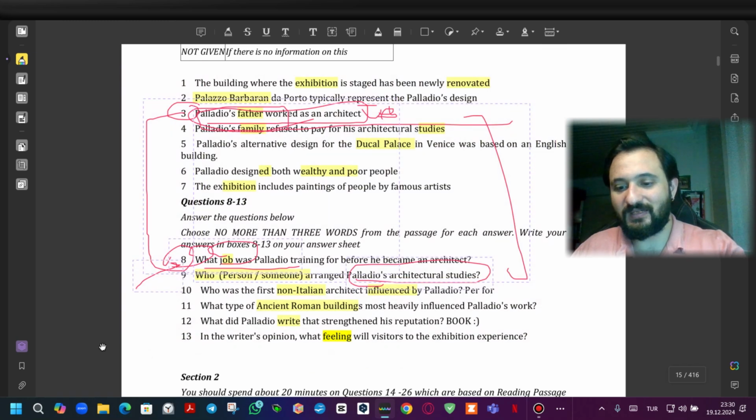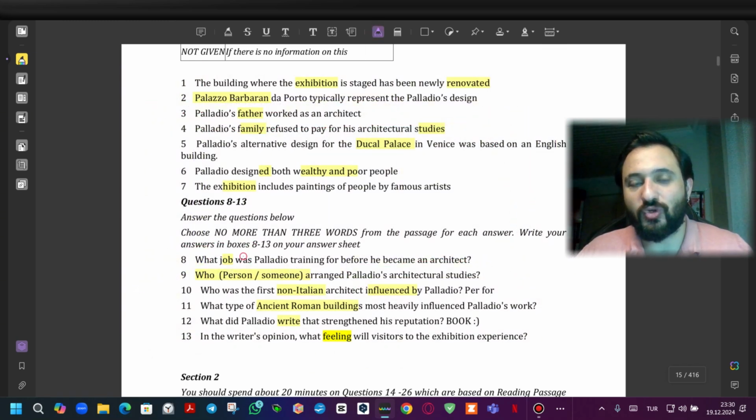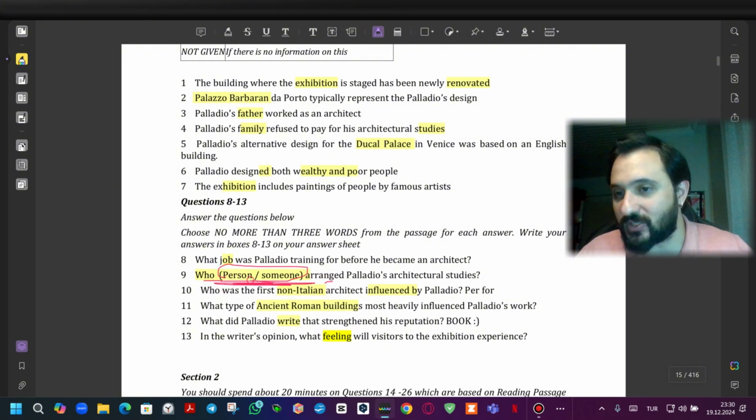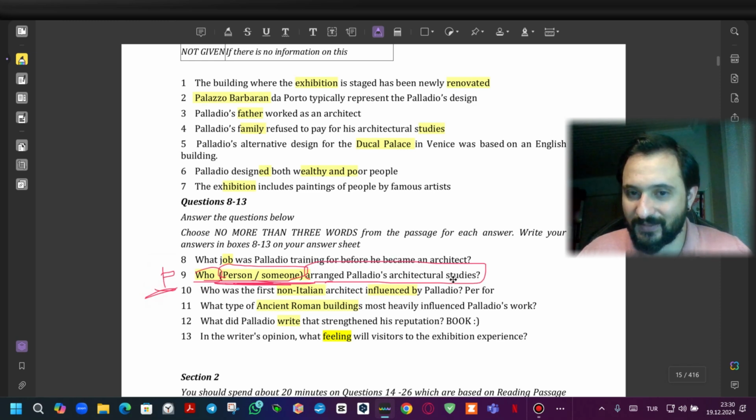Okay, let me show you. Who arranged? Who means person or someone. In the exam, it is not written. I took such a note. Who arranged Palladio's architectural studies? So, I need to find that person, someone. So, this is not true, false, not given, or yes, no, not given. I need to exactly find one name, one person, not a family.